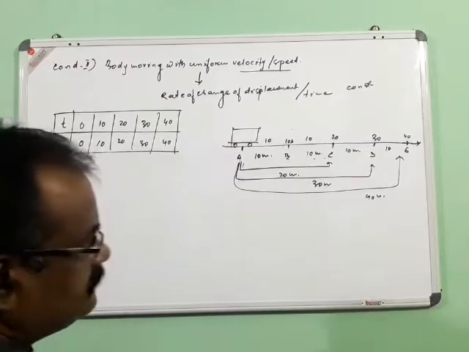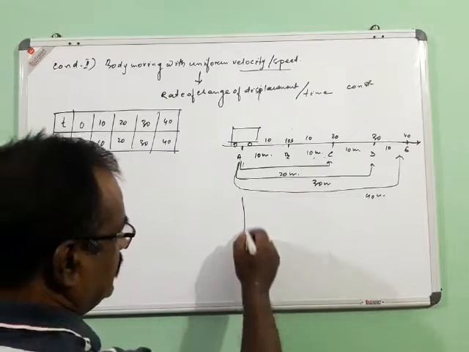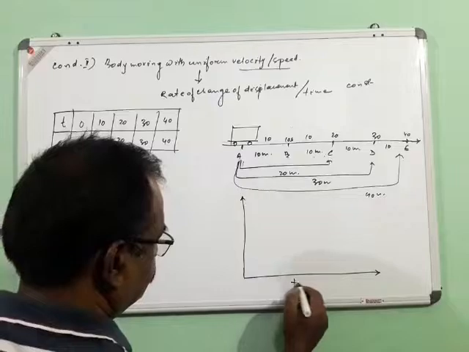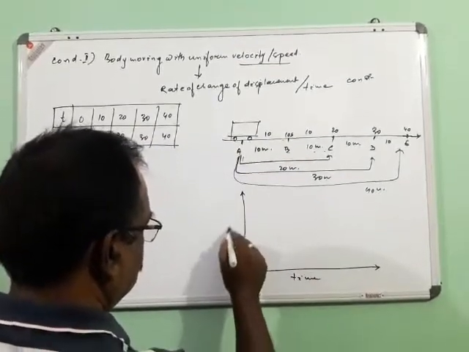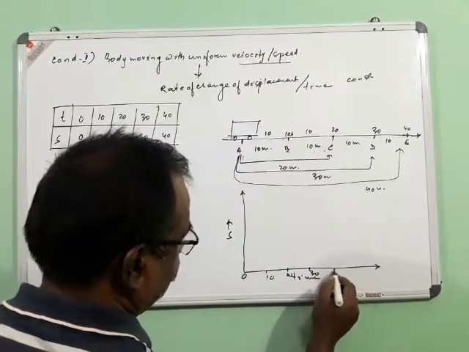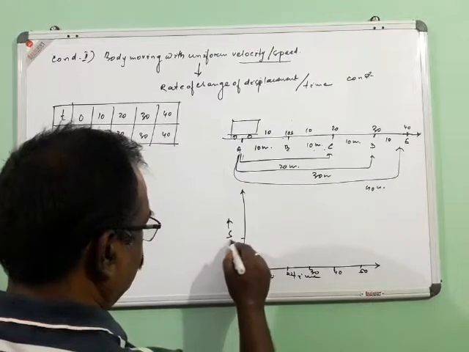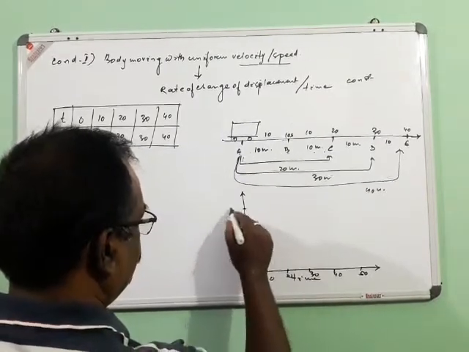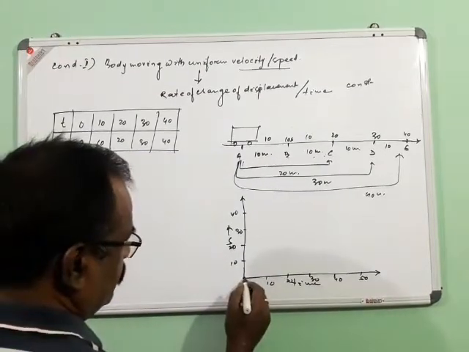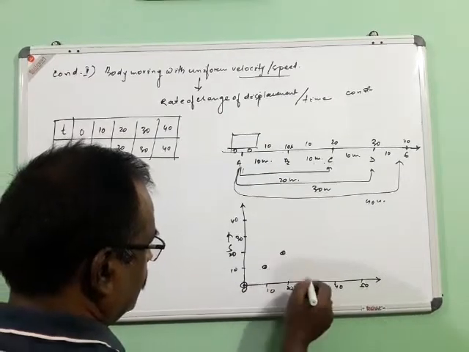Taking this, if we plot the graph between displacement and time, we mark 0, 10, 20, 30, 40, 50 likewise on one axis, and 10, 20, 30, 40 likewise on the other. We plot the points 0,0 and 10,10, 20,20, 30,30.